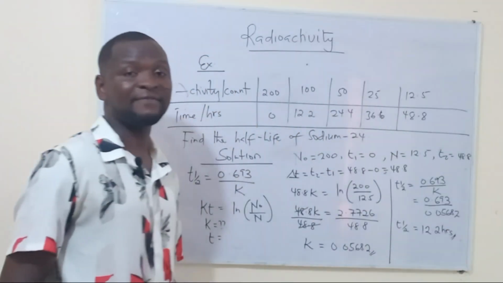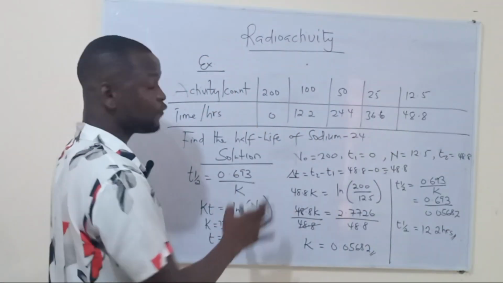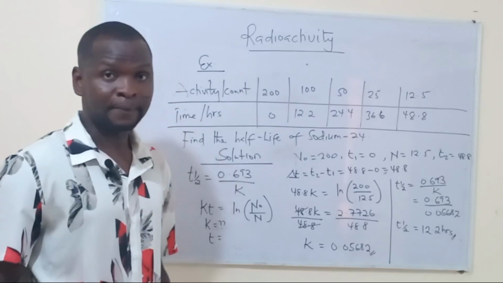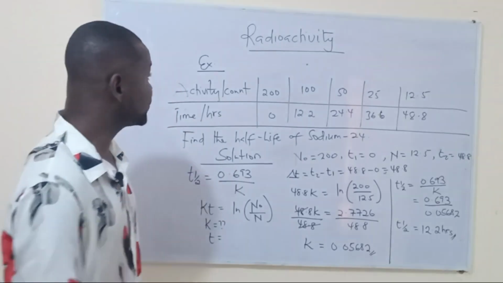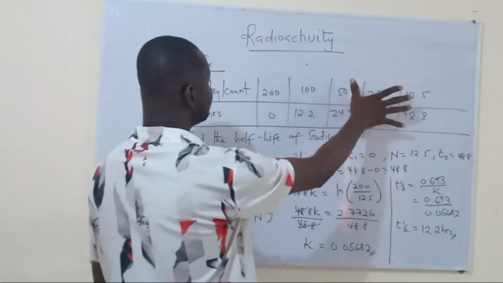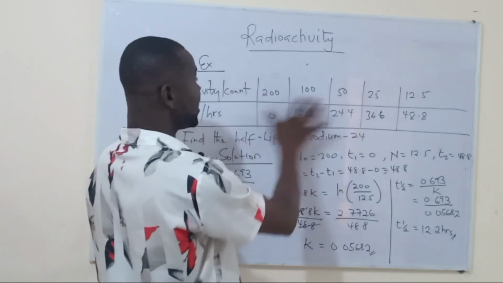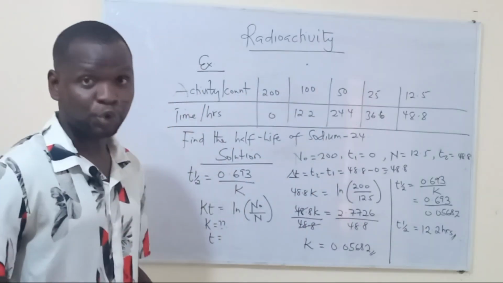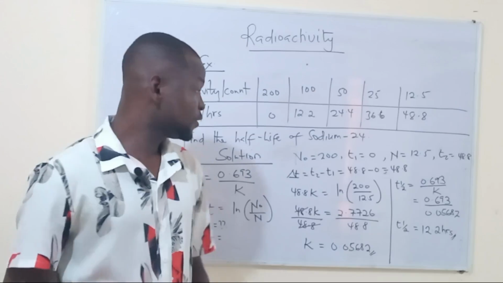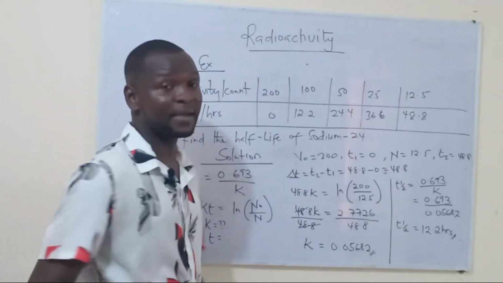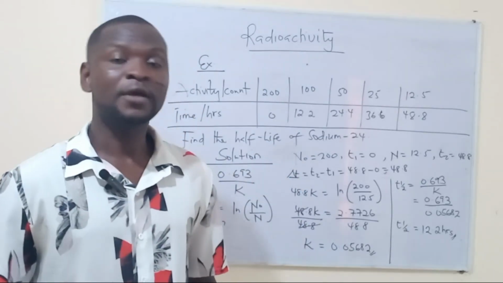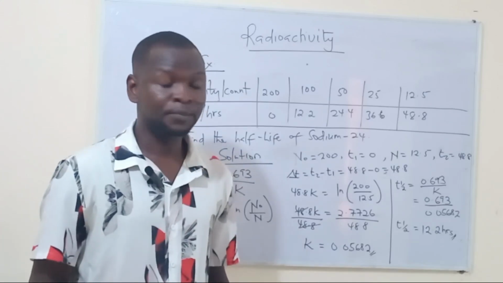That becomes the half-life of sodium-24 with the following data. So you can use any of the activity with their corresponding times and you should get the same answers. So that is how we use the mathematical method in calculation involving radioactivity.